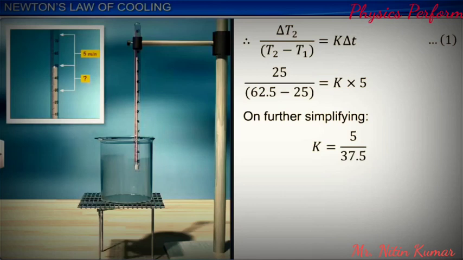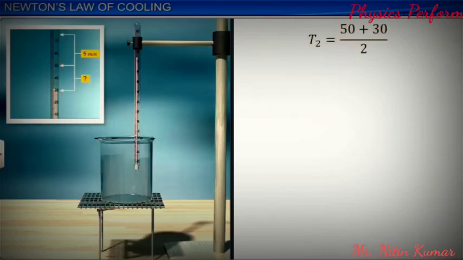Now, the values to calculate the time for the water to cool from 50 degrees Celsius to 30 degrees Celsius are: the average of 50 and 30 is 40 degrees Celsius, and hence T2 is equal to 40 degrees Celsius. T1 is equal to 25 degrees Celsius.